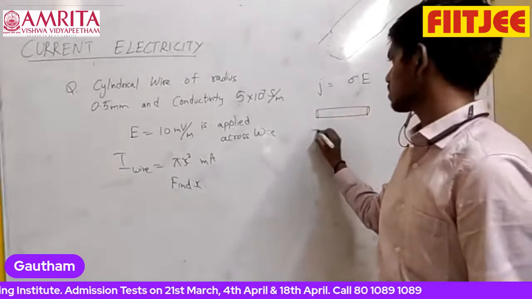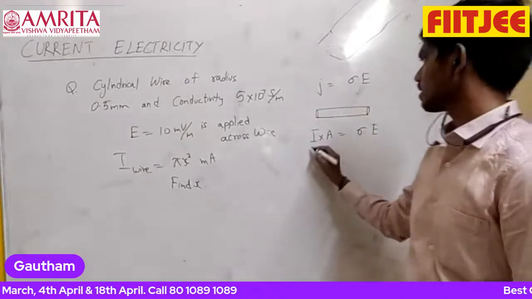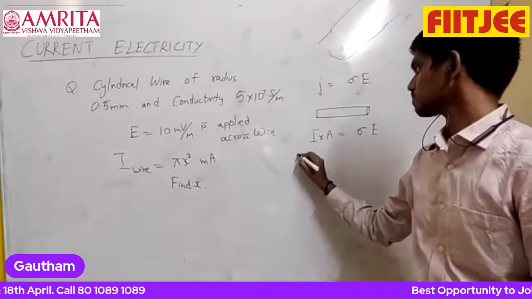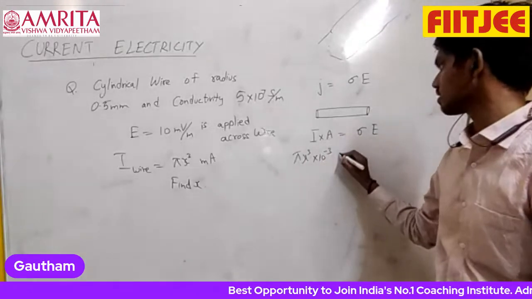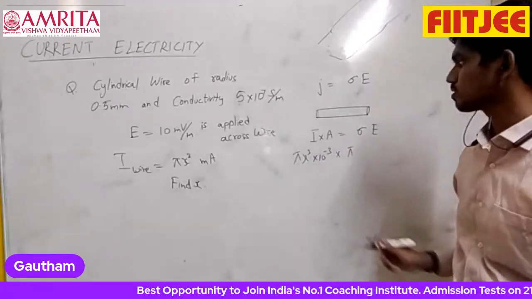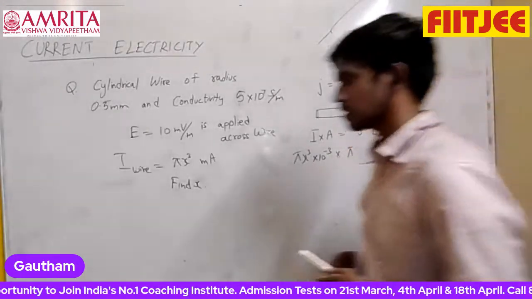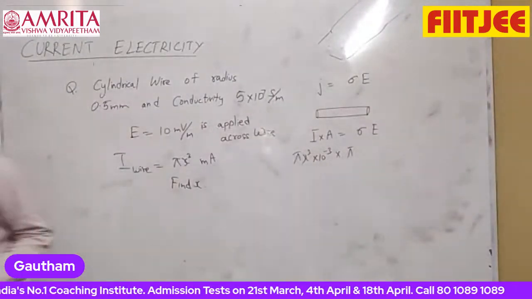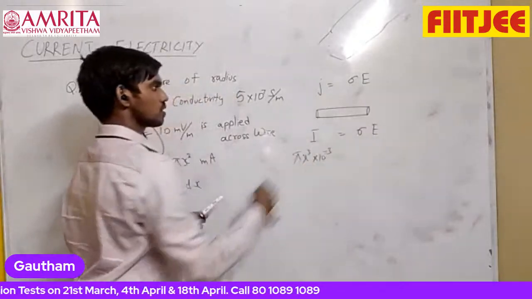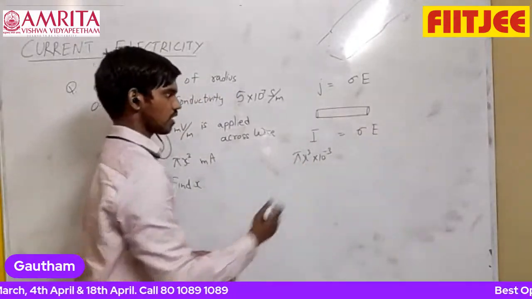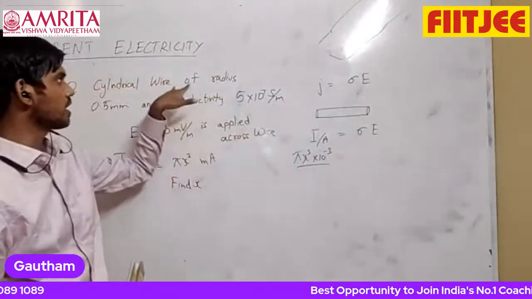So you can write J is I by A equal to sigma into E. Current is this value, 5 x cube. Since it's milliampere, put 10 to the power minus 3, divided by area of cross section, which is pi r square.